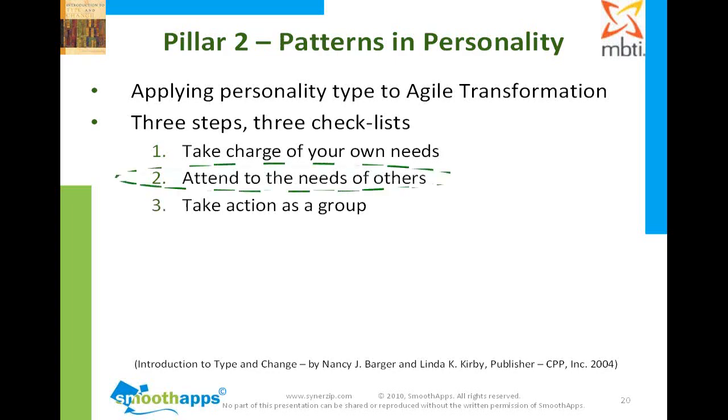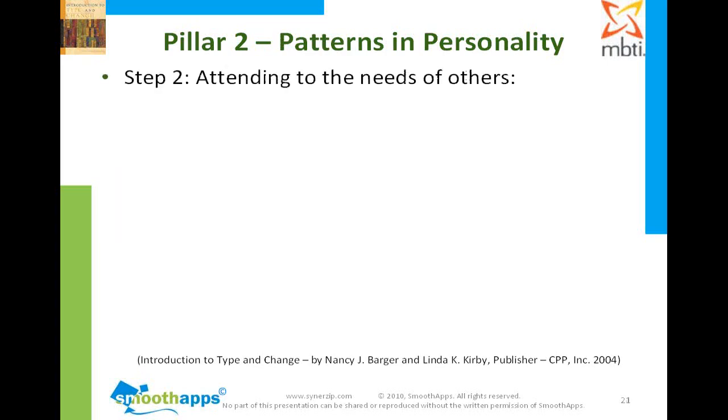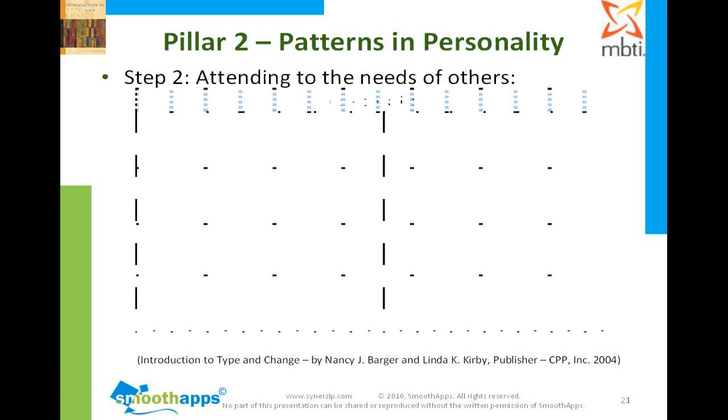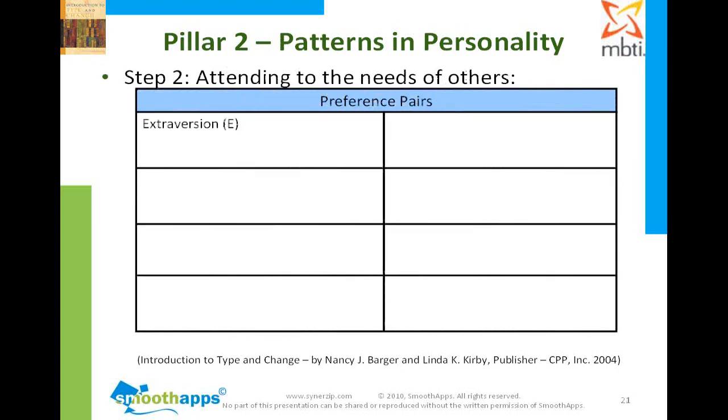And what we're going to talk about today, the practical technique that I'm going to leave you with, is that you need to attend to the needs of others during a time of change. So let's apply the Myers-Briggs lens on attending to the needs of others. So let's say you have someone who's extroverted on your team.